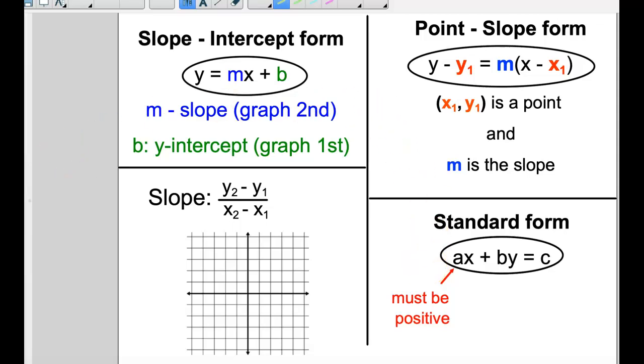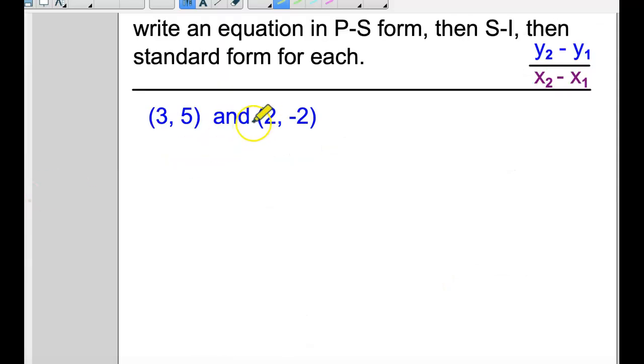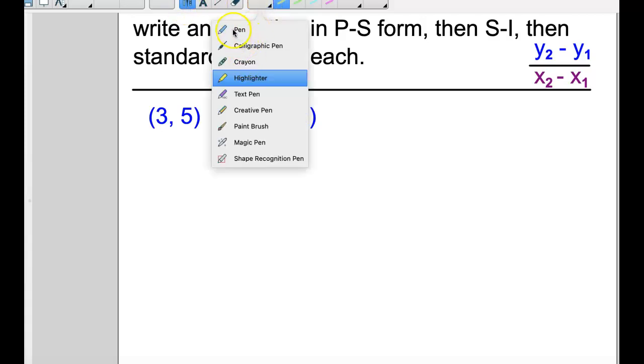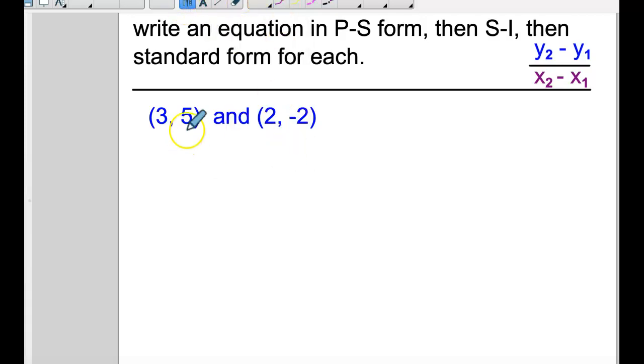So I'm going to walk us through a quick example, and we're just going to make sure that this part makes sense. As you're working through it, you could work through it with me, or you could just pay attention if you wanted to. If the directions are to take these two ordered pairs and write an equation in point slope form and then turn them into standard form, I like to always label my points first.